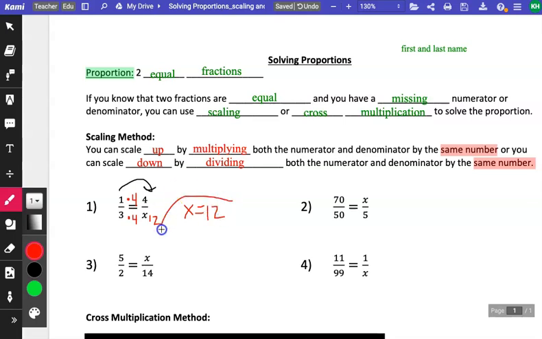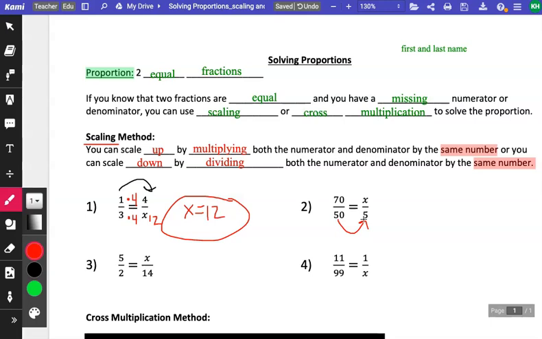So we just solved the proportion by scaling. This is the first method we're looking at. Number 2, 70 over 50 is equal to x over 5. How do you go from 50 to 5? Did we go up or down? From 50 to 5, that's a decrease. 5 is smaller than 50.